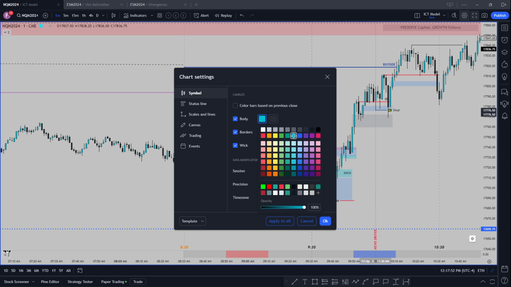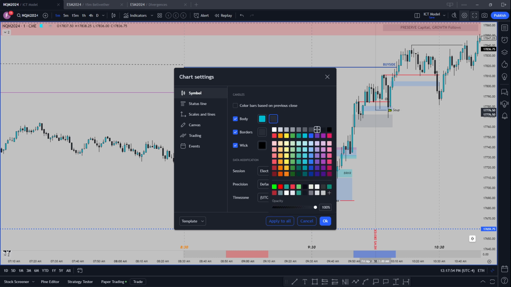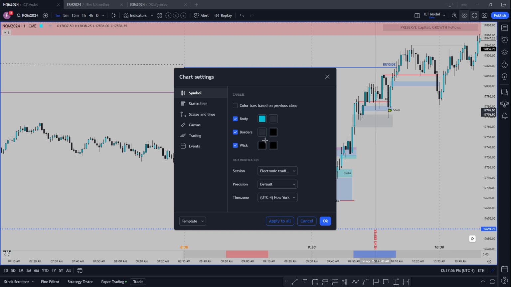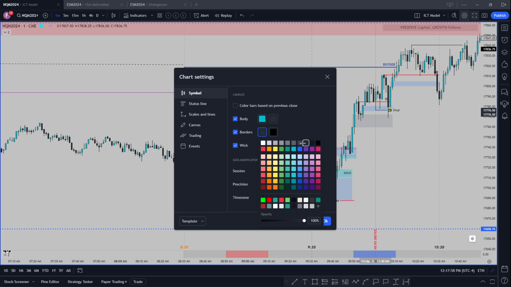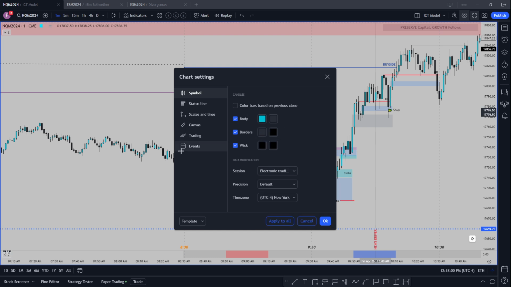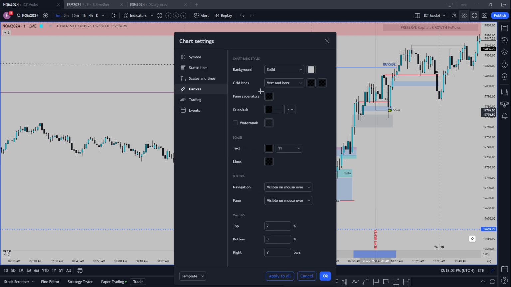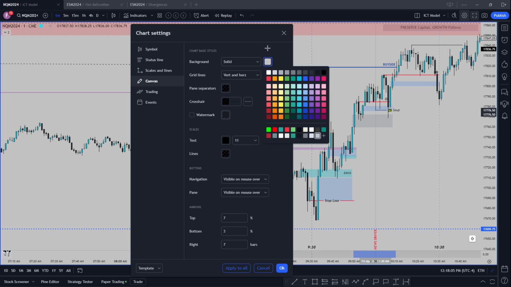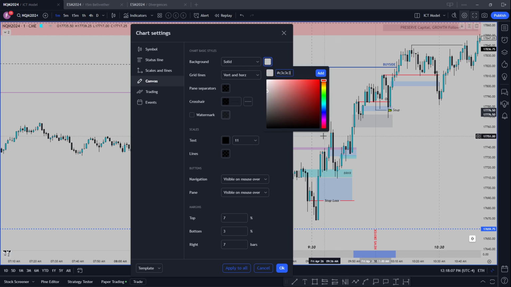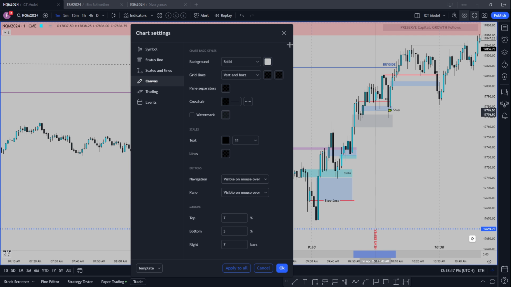For this one, the body will be just the third gray, and borders and wicks don't matter too much. Just the same gray, then the blacks all the way around. And then the canvas is the main one I think people were asking about. It's going to be C3 repeated. So you can hit add, and then you type in that little number here, and then it should give you the option.